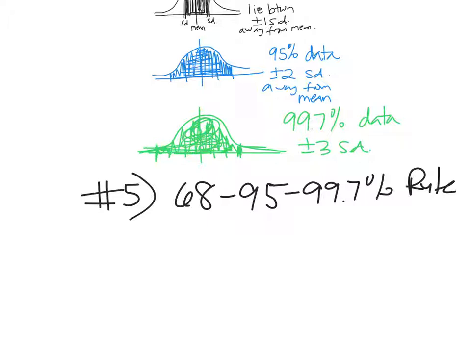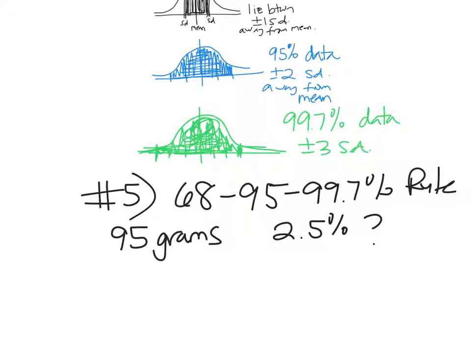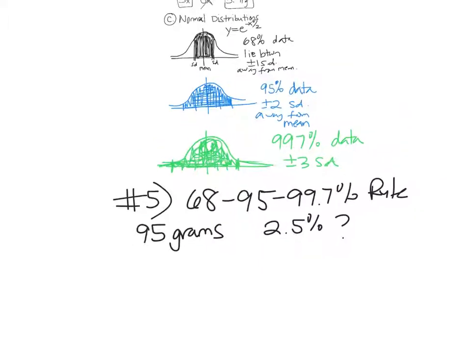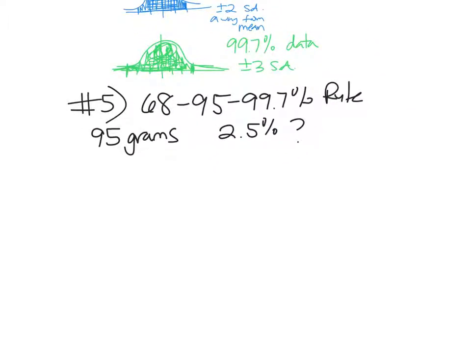Okay, so let's see. Here we go. So let's say the loon chick is 95 grams. Would this be in the top 2.5% of loon chicks? Well, first of all, let's get our information from that number 10. You need to know the average, the mean, and for all 30 chicks, they did it.